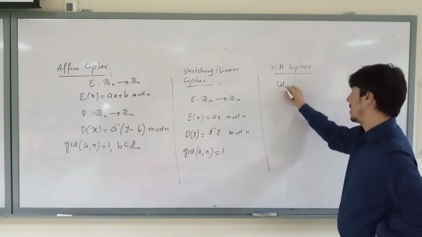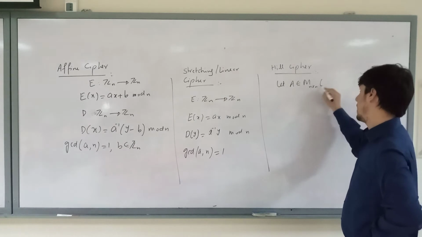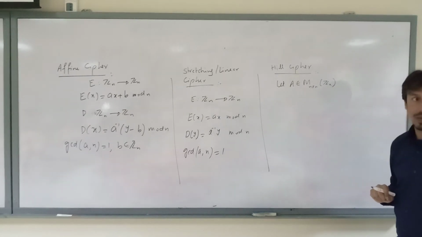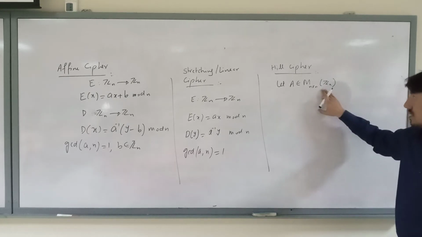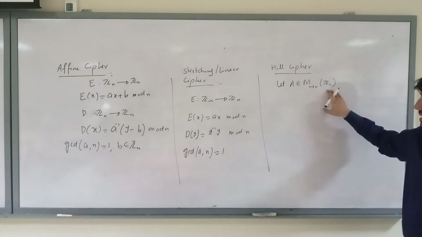Let A belong to any n cross n matrix over Zn, its determinant must be non-zero. These are n cross n matrices.